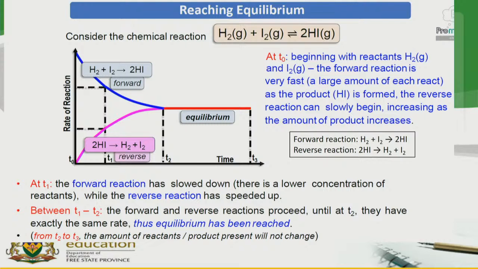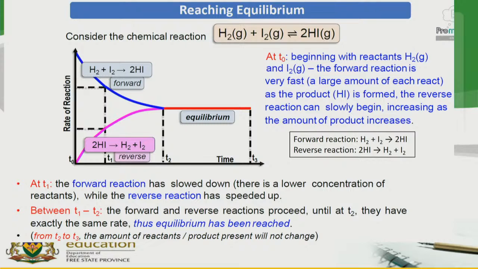Now what happens when you are supposed to draw a rate versus time graph? Since you know that before hydrogen and iodine react, you'll have nothing of hydrogen iodide. And you know that as hydrogen and iodine react, they are decreasing.